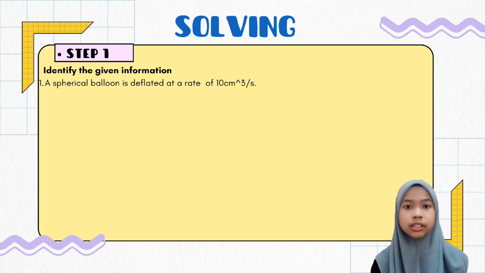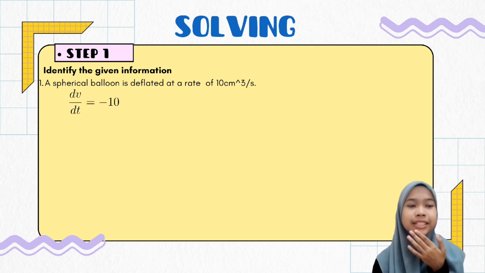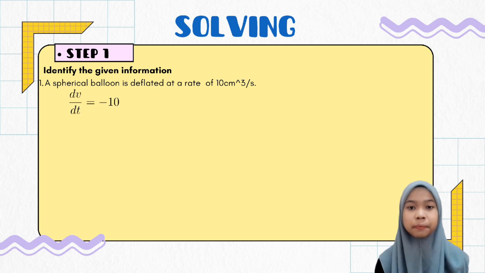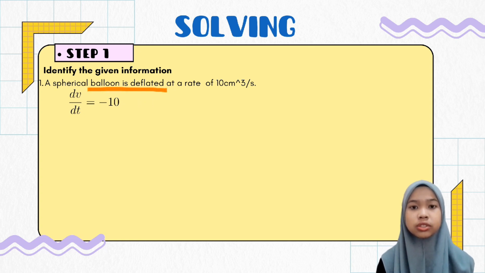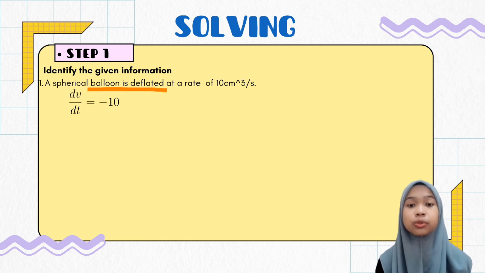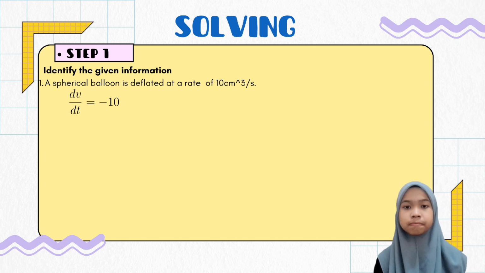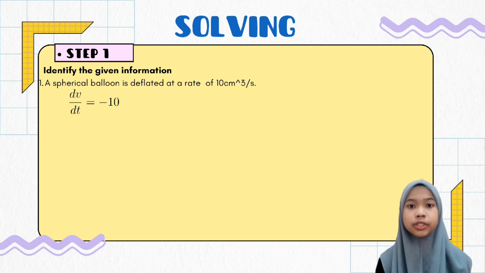We can write it as dV over dt equals negative 10. Why is it negative? It is because the balloon is deflated, so we need to put a negative in front of 10. The meaning of dV over dt is the first derivative of volume with respect to time. That means it shows how volume changes with time.